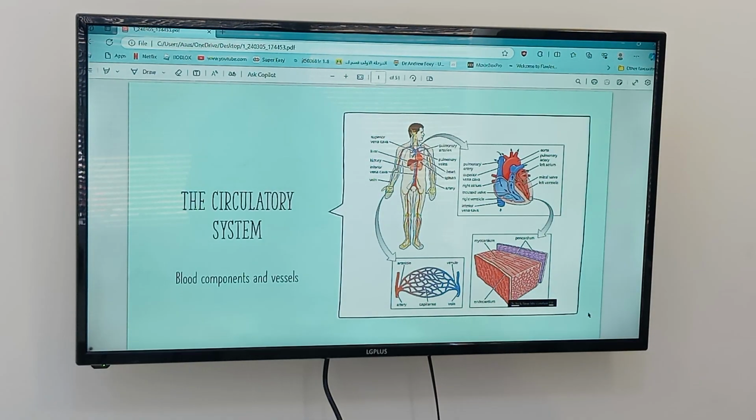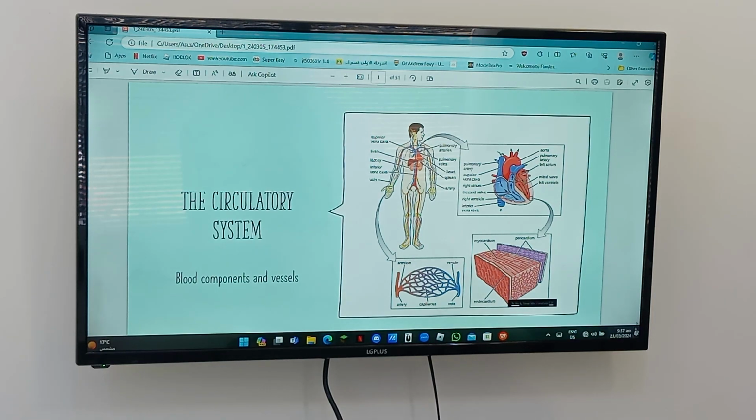Today we will talk about the circulatory system and the blood components and vessels. The diagram shows the anatomy of the heart and the anatomy of the vessels, and the closed system belongs to mammals.